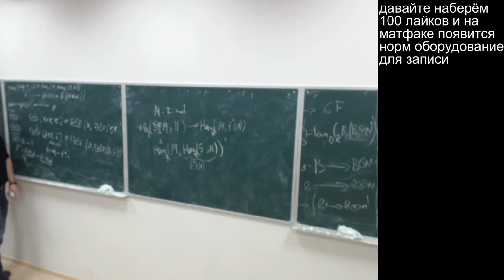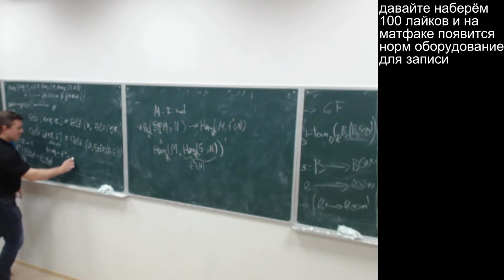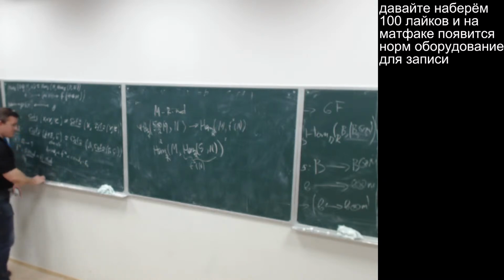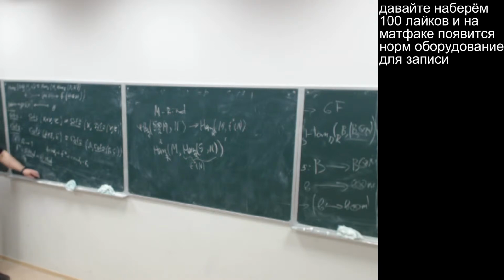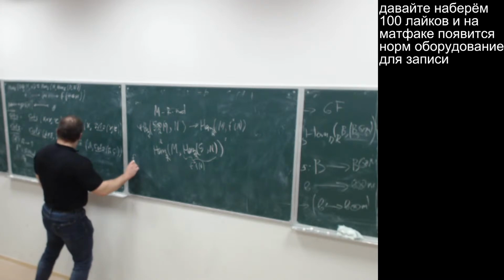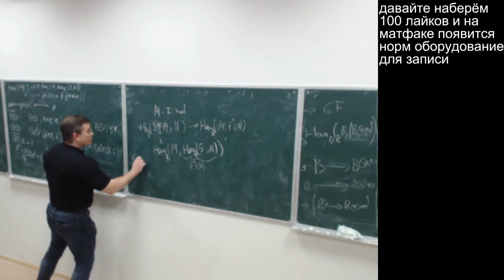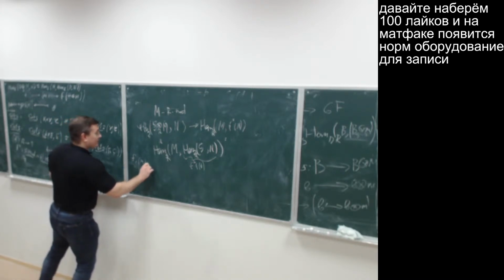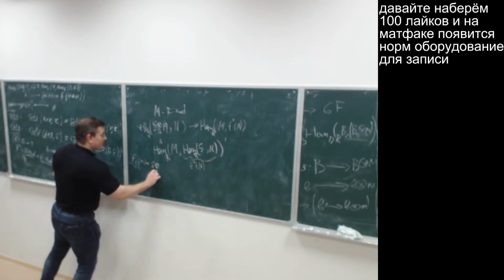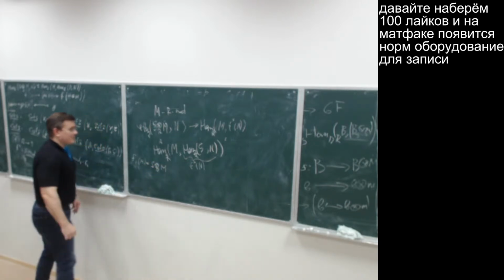This is the co-induction functor, and this is also notation F lower star. So I guess we proved, well, that F lower star of module M is this thing, right?